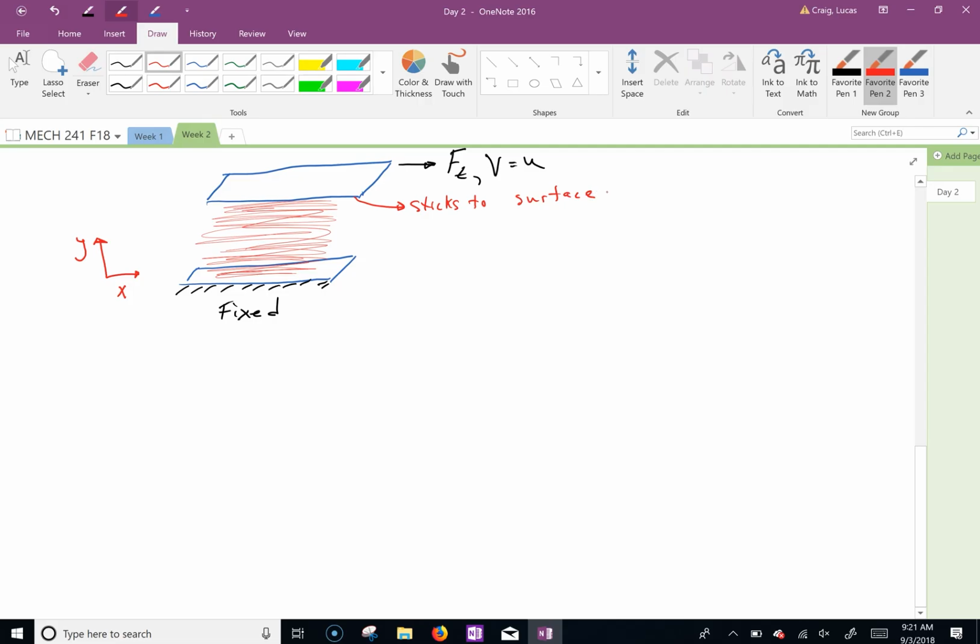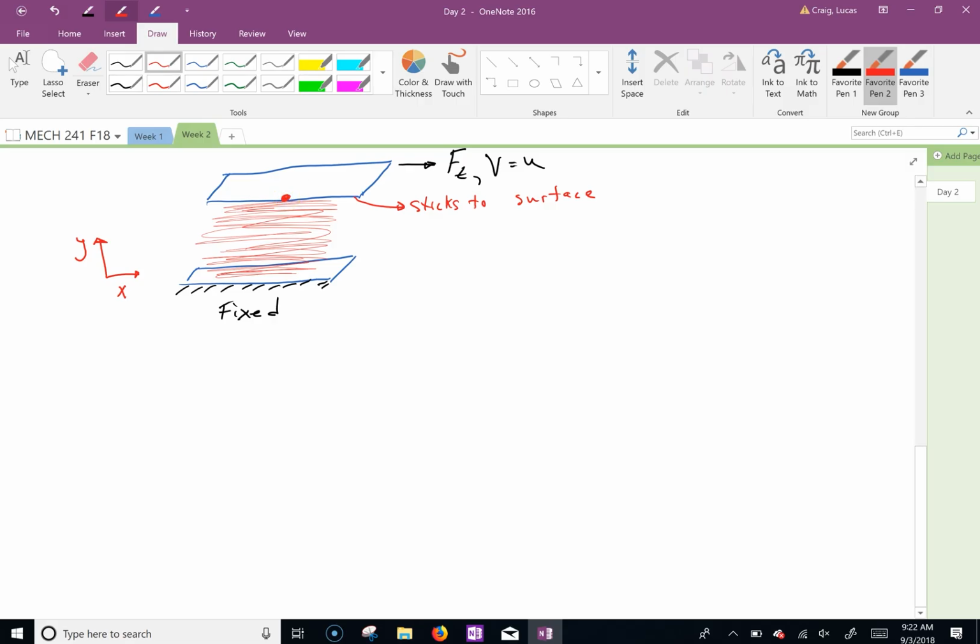At the top plate, the liquid sticks to the surface. This top plate is moving to the right. The fluid sticks to the bottom. And between there we have internal friction, which is a viscosity force. What is the velocity of the liquid then if it sticks to the bottom of that top surface? Yes, it's got to be this velocity here.